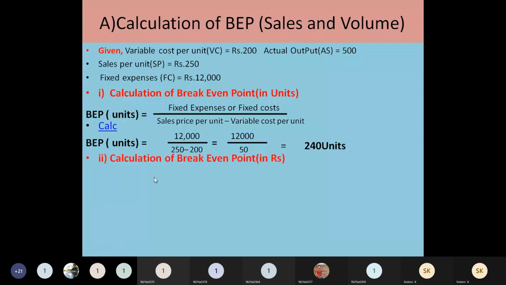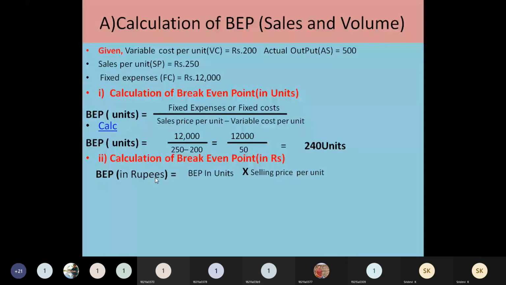And you need to calculate rupees, no? So I am directly using break-even point in units multiplied with selling price per unit. I am not taking the full formula.